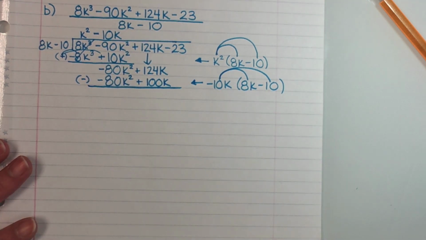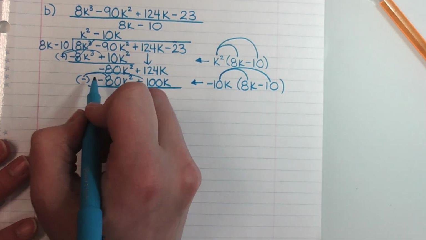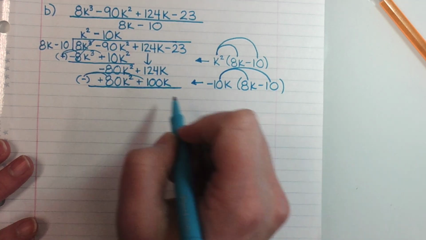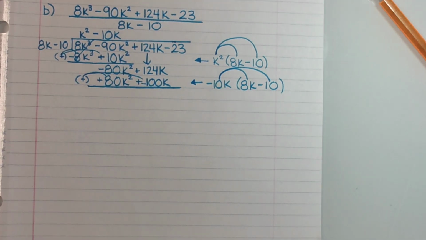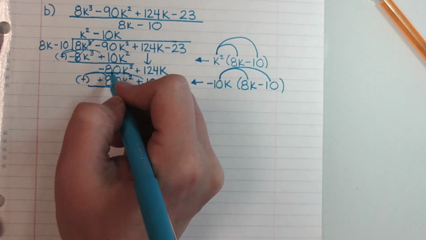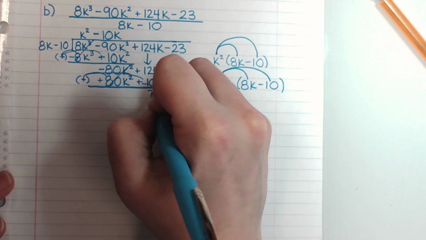Subtract, or to make it easier, distribute that negative. This was negative, becomes positive. This was positive, becomes negative, and now we're adding. Negative 80k squared plus positive 80k squared cancels. It's a good thing. 124k plus a negative 100k is positive 24k.